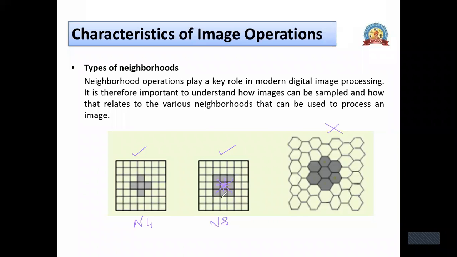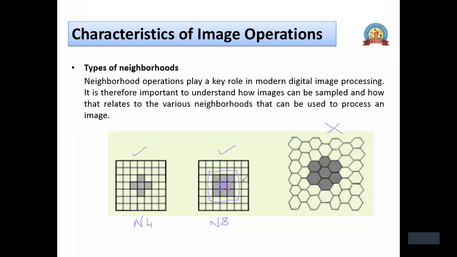Okay. We also can call them N15 neighbors. N15 neighbors, with these 8, we can include this surrounding neighbors, and there will be total 15 neighbors.